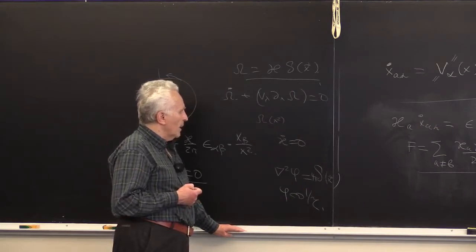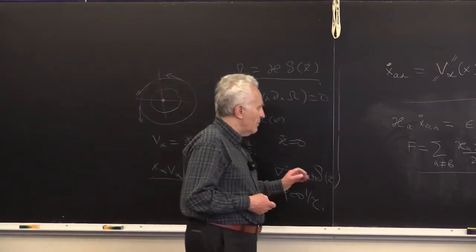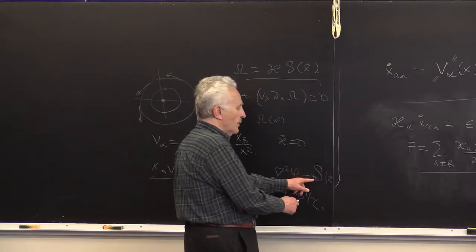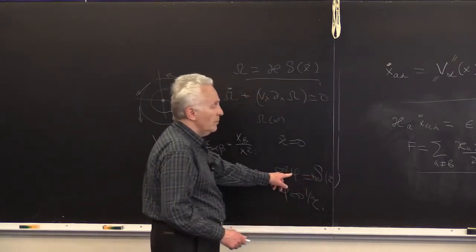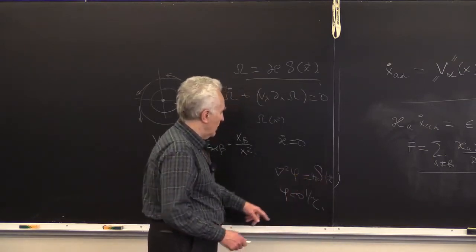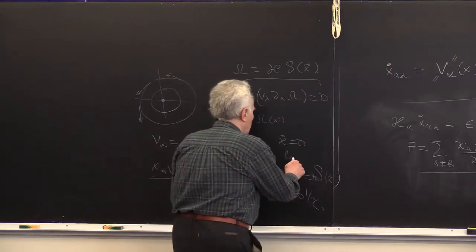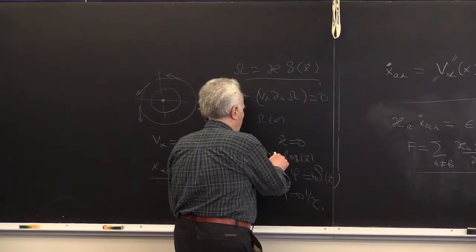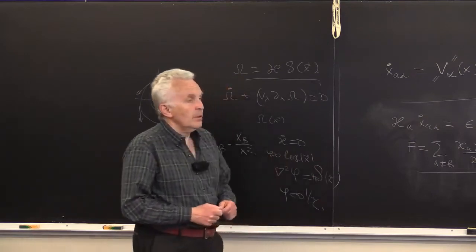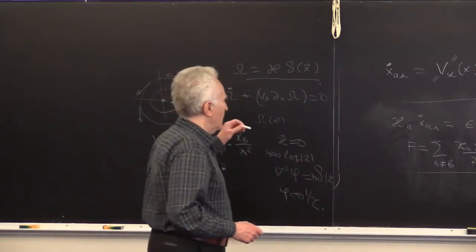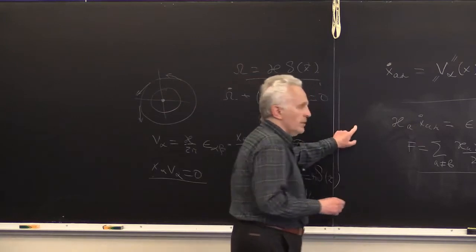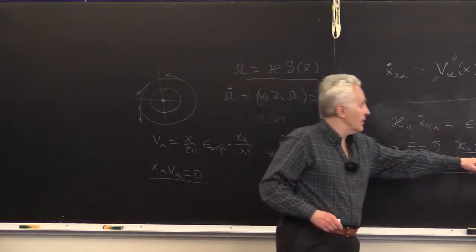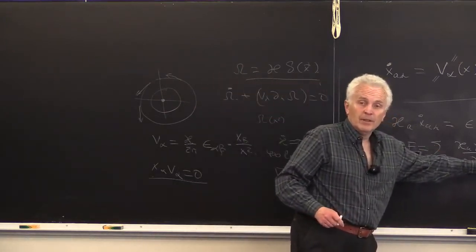Now, in 2 dimensions, I mentioned it, the solution of this equation should be scale invariant, and in fact, it is the logarithm of x. If you have two-dimensional charges, this is their Coulomb energy.